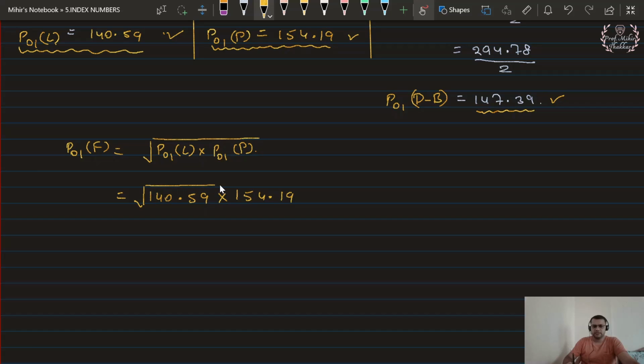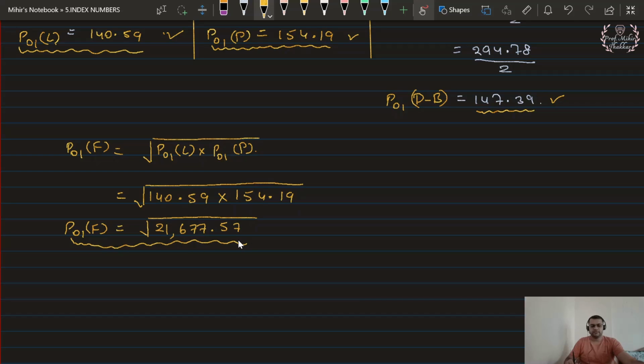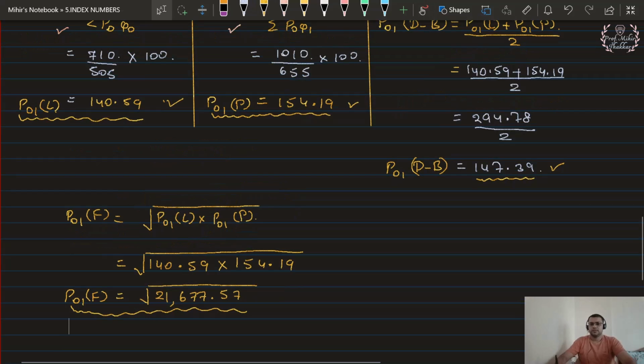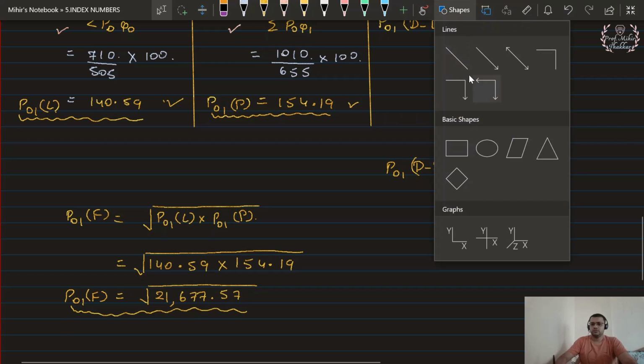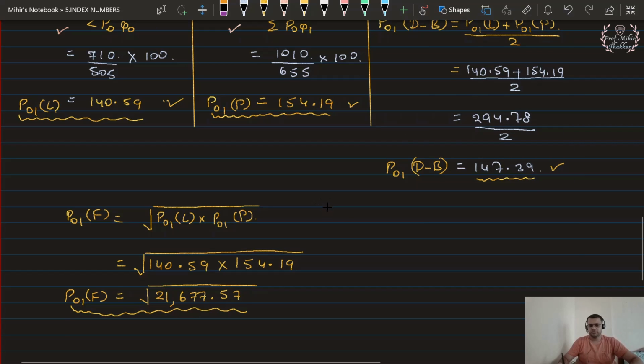And when you multiply these both numbers, you will get under root of 21,677.57. So that becomes your Fisher's index number. So now let us see how to find the Marshall-Edgeworth's index number.